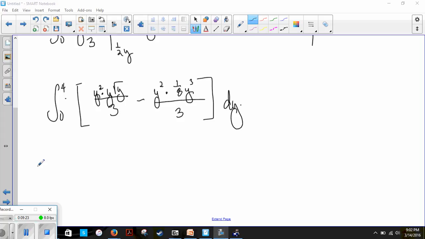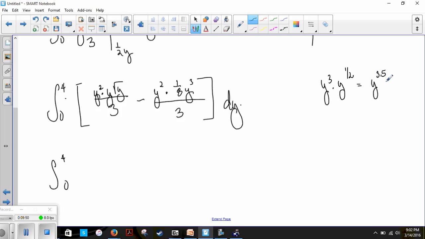All right, let's see if we can make this a little bit less scary. I have y squared times another y. So that is going to be y cubed. And this is y to the half. And when we multiply these, we're going to add the exponents. So how about 3.5?